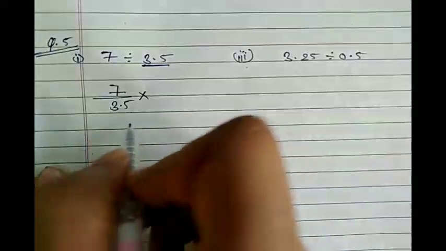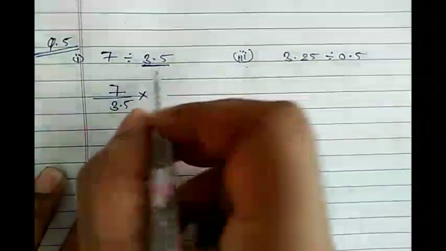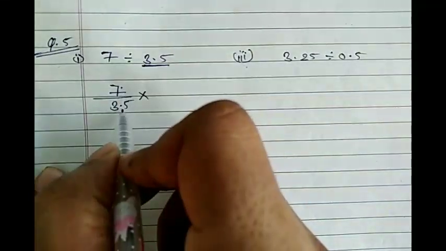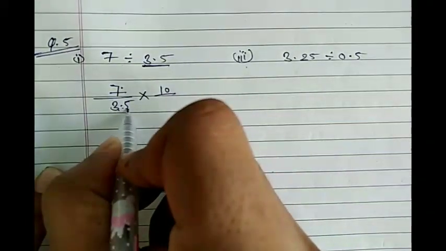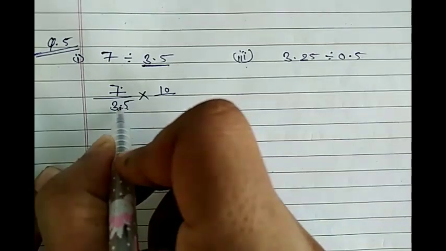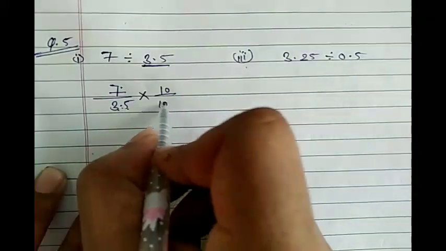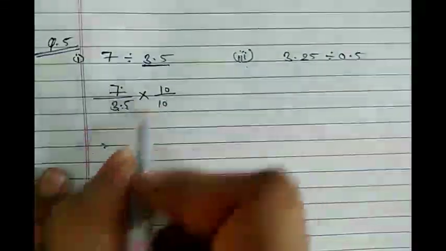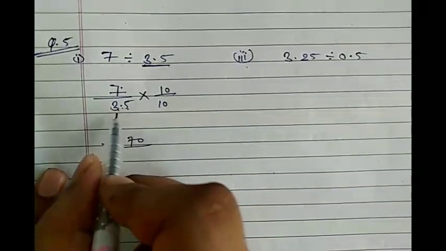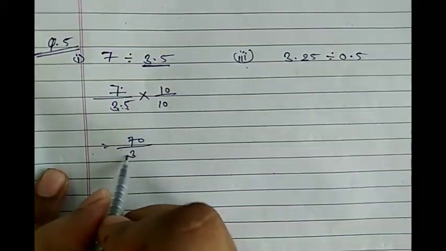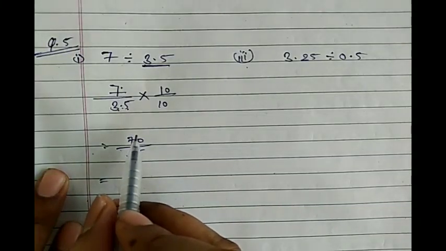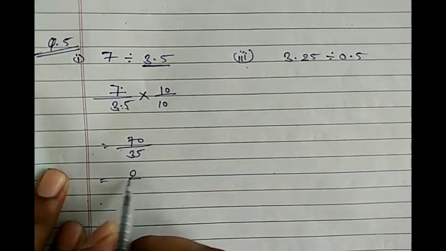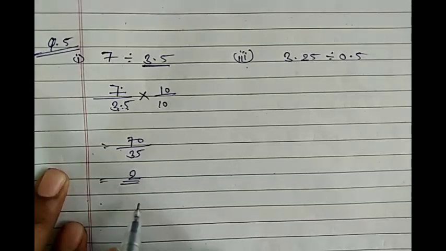Now there is one digit after the decimal, so we multiply both numerator and denominator by 10. To remove this decimal, we have to multiply by 10. 7 times 10 is 70, 3.5 times 10, we get 35. Now divide 70 by 35, we get 2. So our answer will be 2.